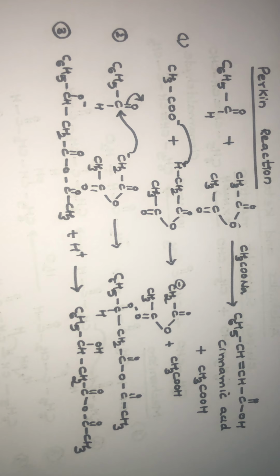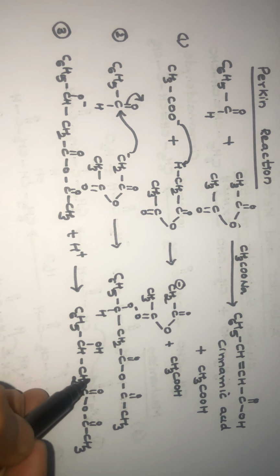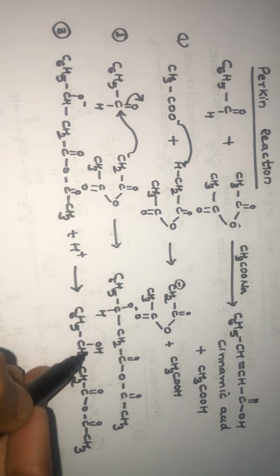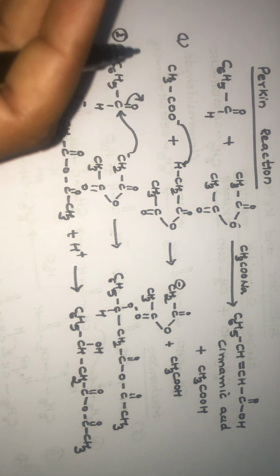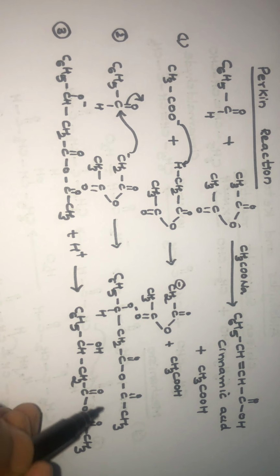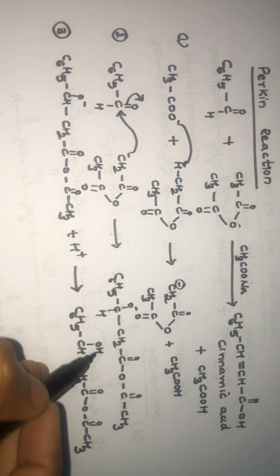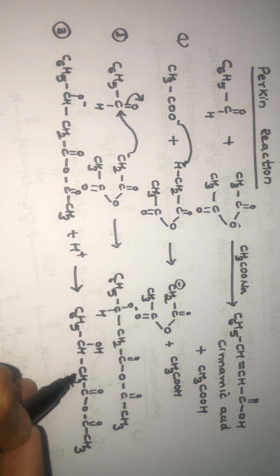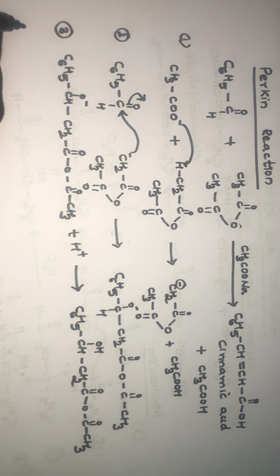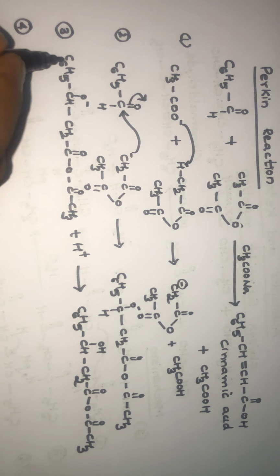Next, you all know that beta hydroxy carbonyl compounds generally undergo dehydration. There is a carbonyl group and a beta hydroxy, so it undergoes loss of water, OH from here and H from here.